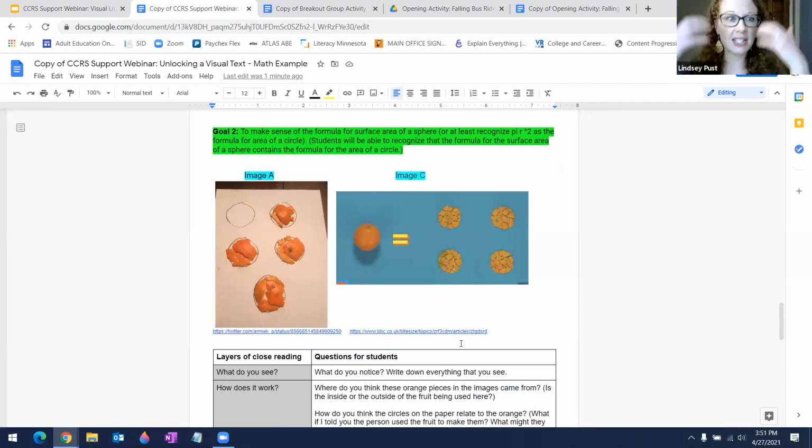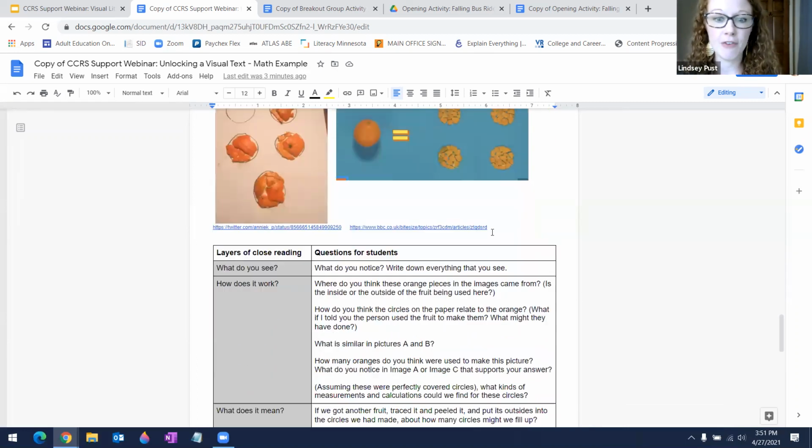I want students to come to that on their own, but that is really what is happening. I love these visuals because if I were to peel this orange and make the diameter of that sphere, and make 4 of those circles, I could cover the area of all 4 of those.